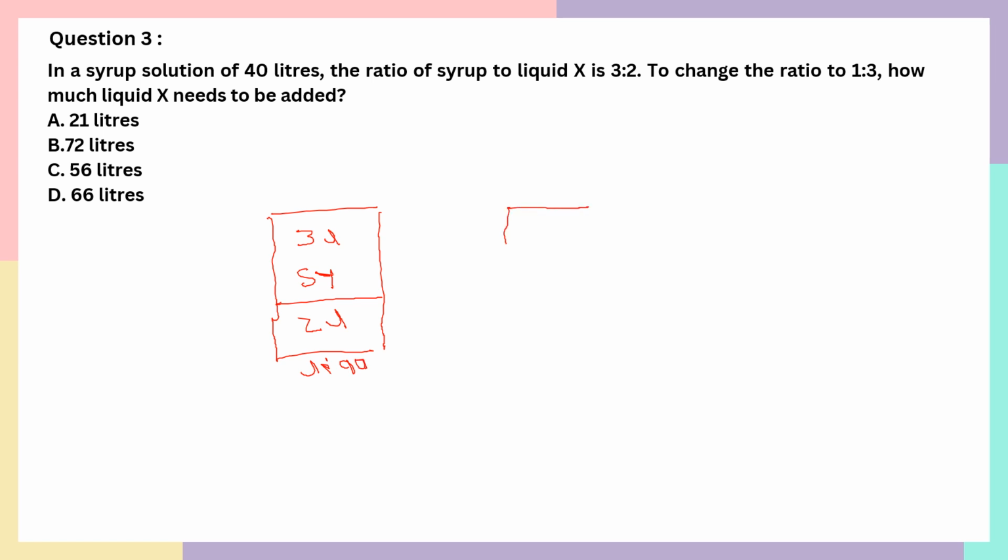That means let's consider a 4 liter solution. So out of 4 liters, 1 liter will be syrup and 3 liters will be liquid. I hope you understand this question. Now let's see the solution.